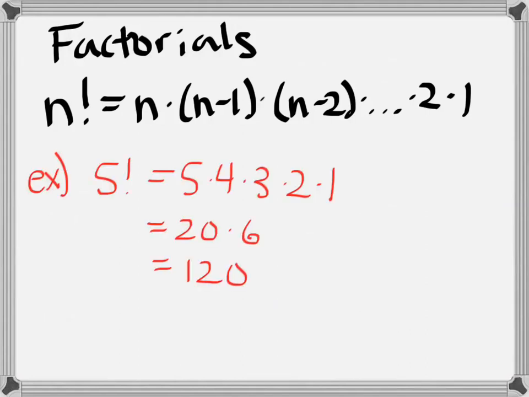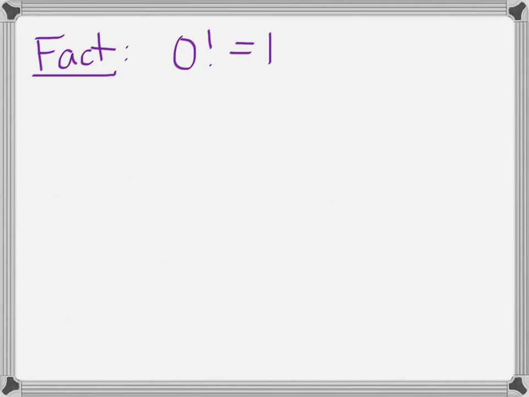So, if I asked you to find 5 factorial, this would multiply 5 times 4 times 3 times 2 times 1. Now, it doesn't really matter how you multiply these. I've grouped these together by first multiplying 5 times 4 to get 20, and then 3 times 2 times 1 to get 6. Then I multiply 20 by 6 to get 120. An important fact is that 0 factorial is equal to 1. This does not follow the formula, and so we're going to take this as a fact.